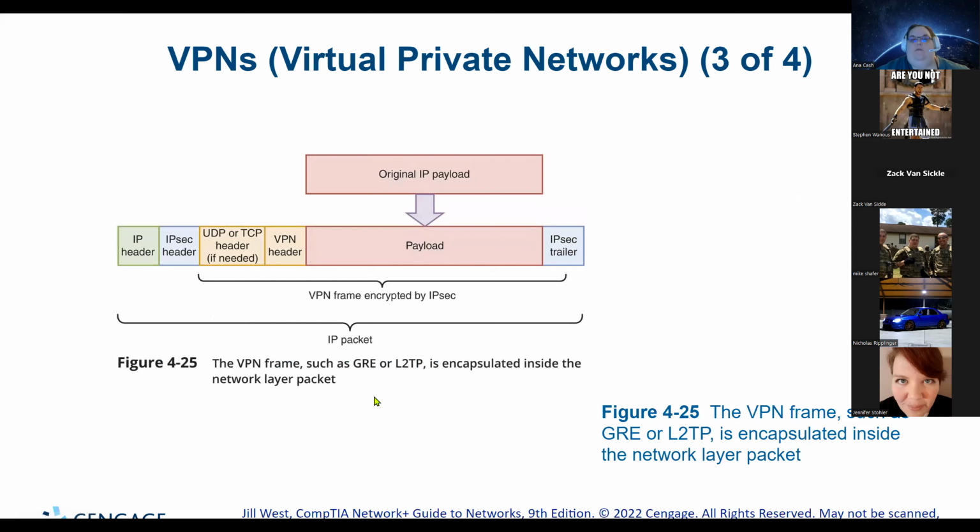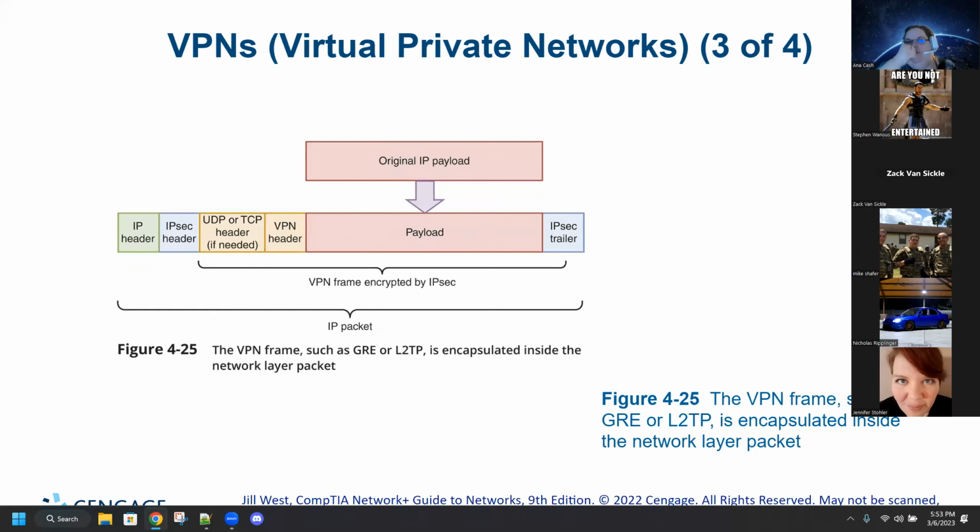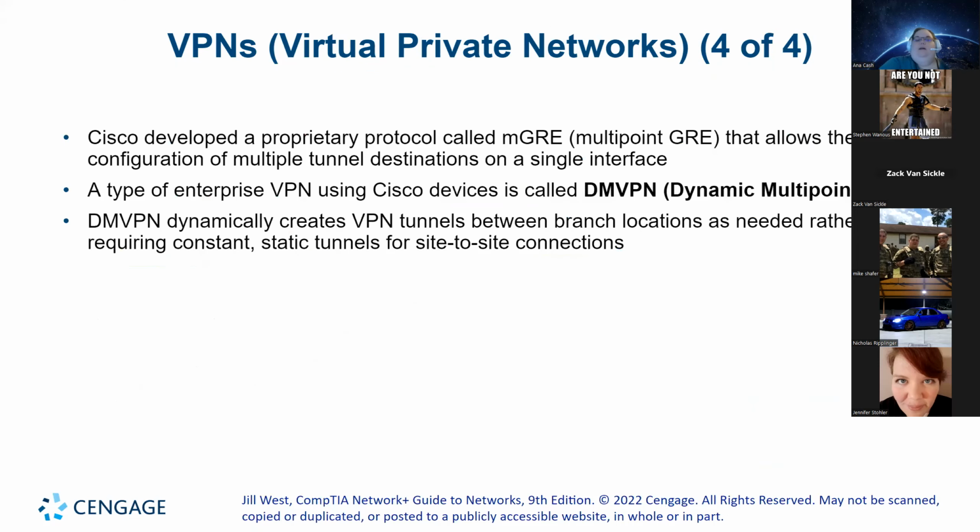This is a VPN frame, and it just shows how your IP address is put in there. Cisco developed a proprietary protocol called mGRE, or multipoint GRE, that allows the configuration of multiple tunnel destinations on a single interface.